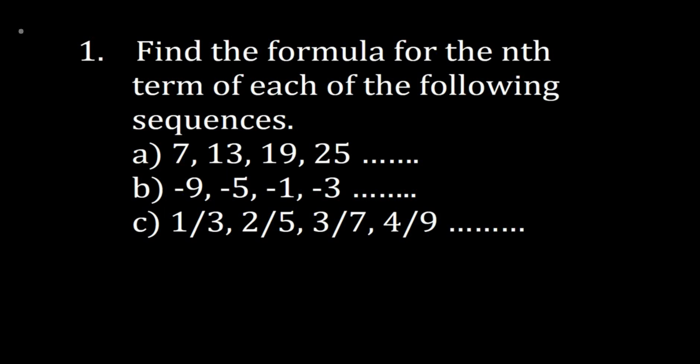Question number 1. Find the formula for the nth term of each of the following sequences. To solve this problem, first you must take note of this general rule. The nth term is equal to a, which is the first term, plus the common difference times n minus 1.